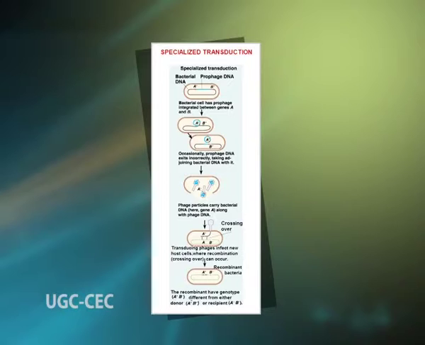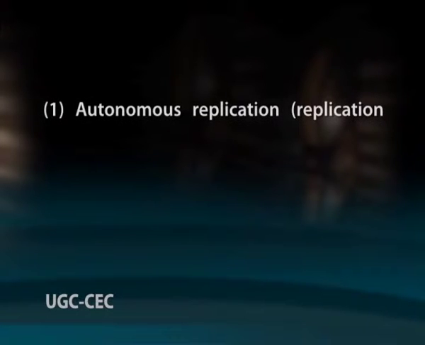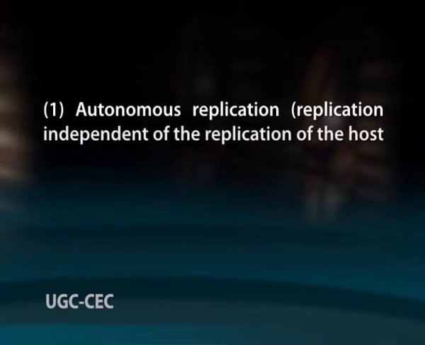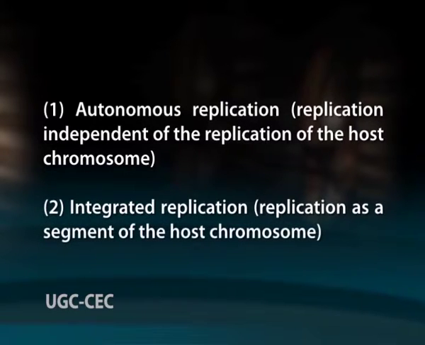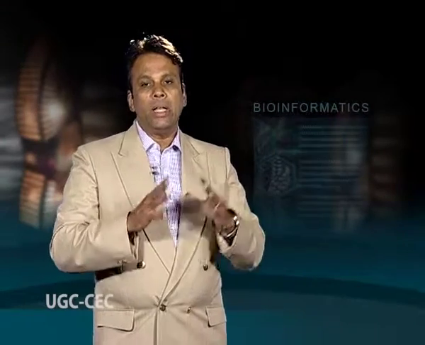The chromosomes of temperate phages of this type are thus capable of both: one, autonomous replication, that is, replication independent of the replication of the host chromosome, and two, integrated replication, that is, replication as a segment of the host chromosome. The example for this is episomes.